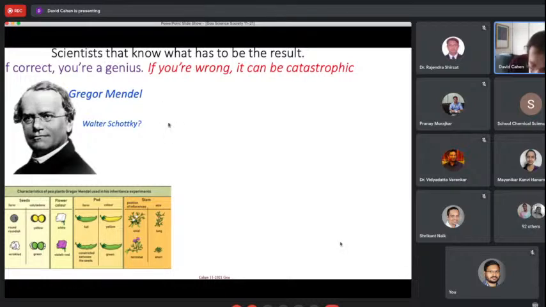Well, there are two examples, one rather famous, the other one which I present here as a possibility, that suggests that these people, Gregor Mendel and Walter Schottky, knew the answer, and they were right. So we're geniuses.